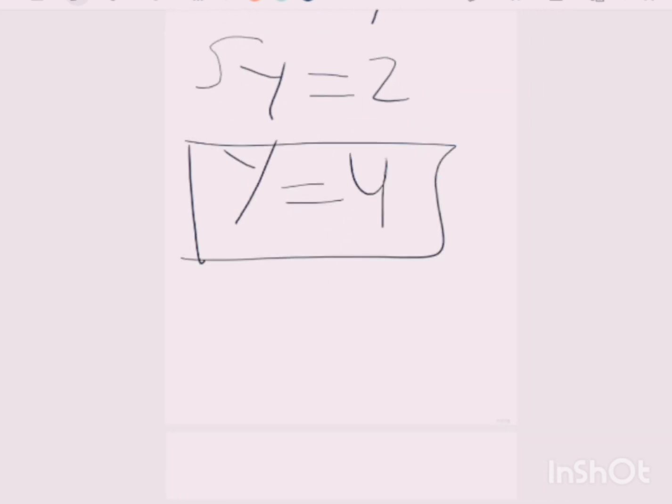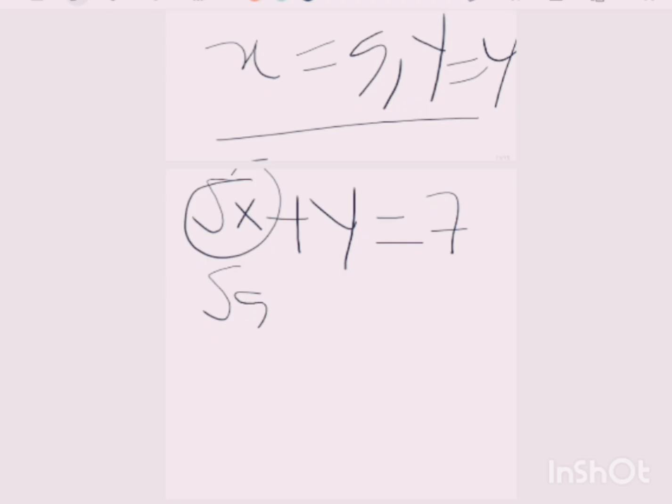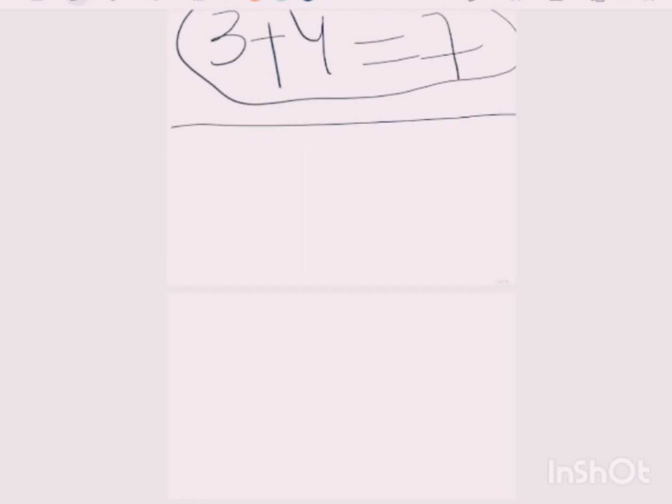So the values are x = 9, y = 4. Now let us substitute these in the first equation, which was root x plus y equals 7. Put x as 9, so this will be root 9 plus 4 equals 7, so 3 plus 4 equals 7. So the first answer is right. We have satisfied the first equation.